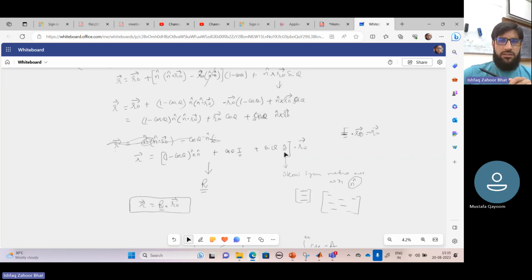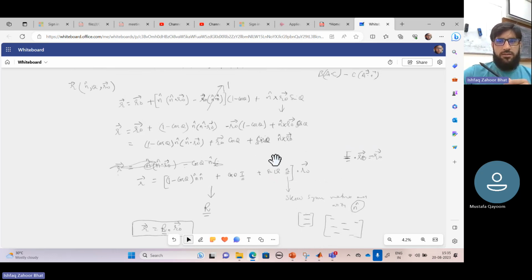Similarly, we have something which is made up of these geometrical objects. See, this n cap is a geometrical object. This is an arrow, this is an arrow. And here it was omega, if you correctly remember. Sorry, it was a cross product, which is also vector n.